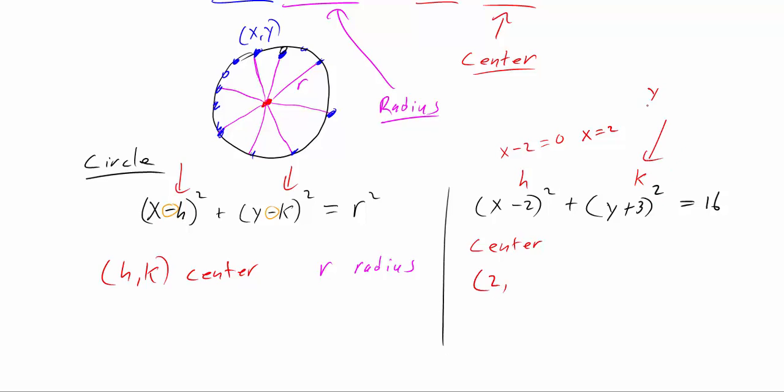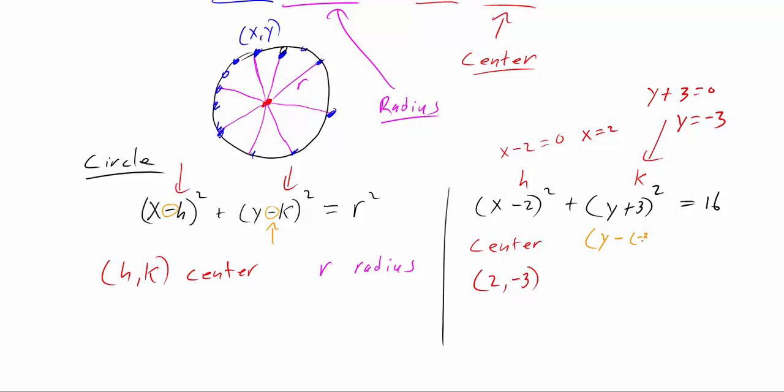And then over here for the k value, we could do the same thing. We could mentally think of y plus 3, setting that equal to 0, so that means our y coordinate, which would be the k, would be equal to a negative 3. So we end up with the point 2, negative 3 for our center. And once again, that's because the formula already has a negative sign in it. So technically this would be y minus negative 3 squared, to get a positive.